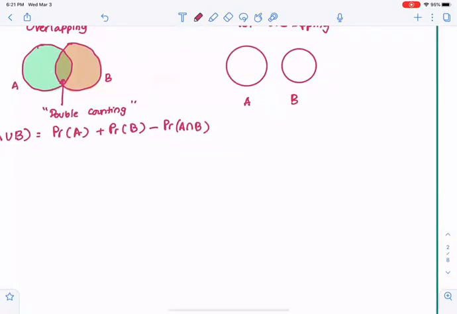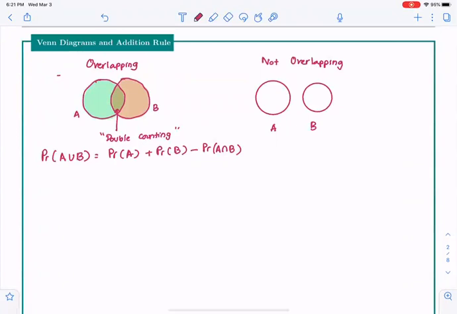The second case will also be the addition rule, but a simplified version.